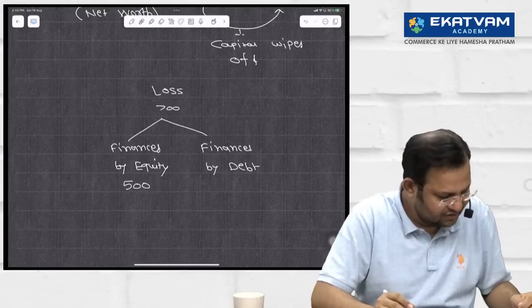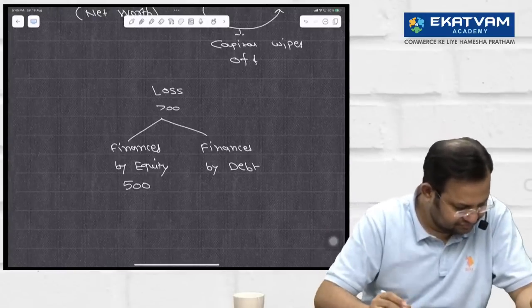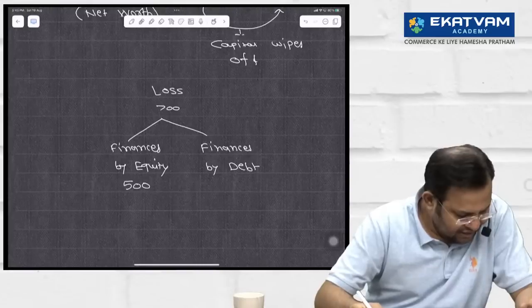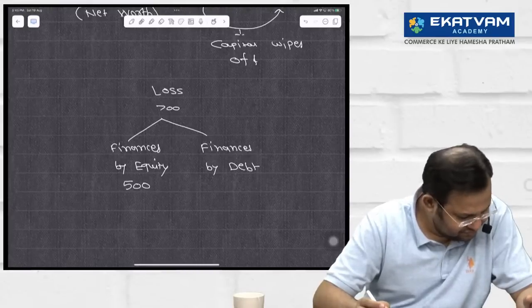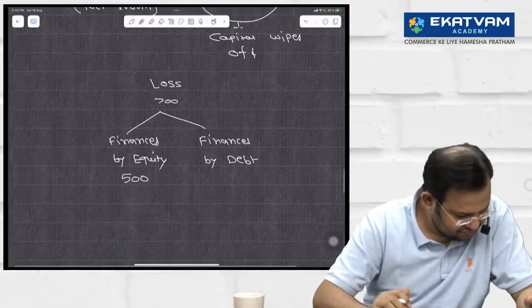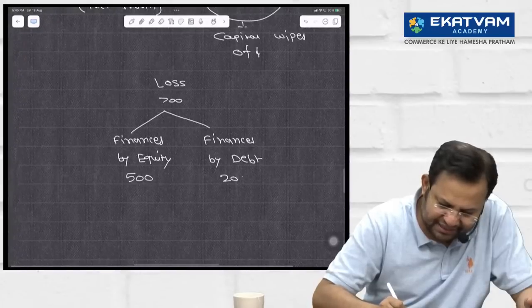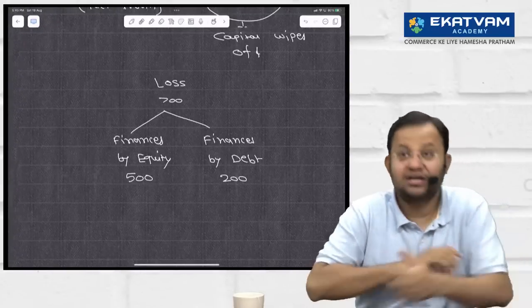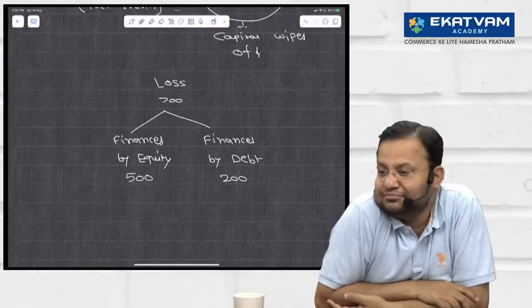Financed by what? Debt. How much is the finance by debt? 200 is financed out of debt.